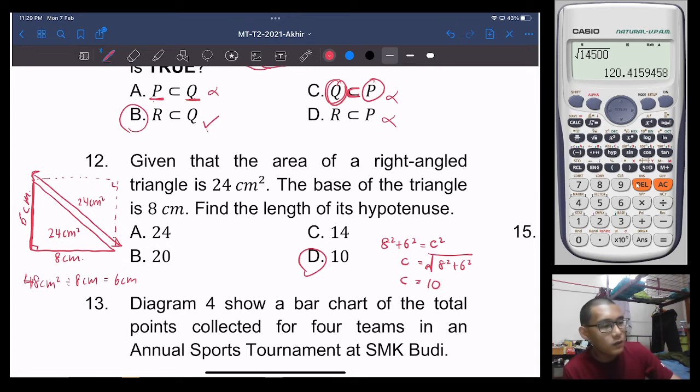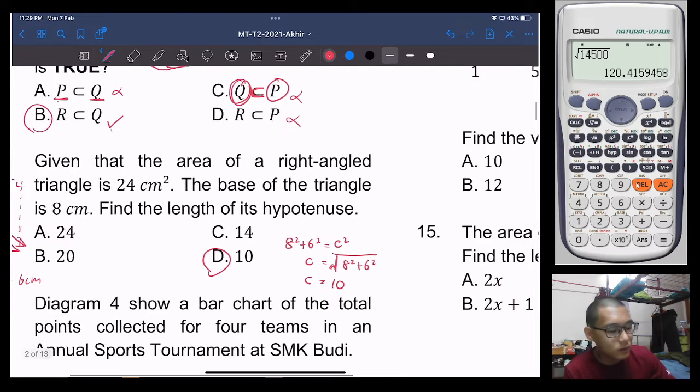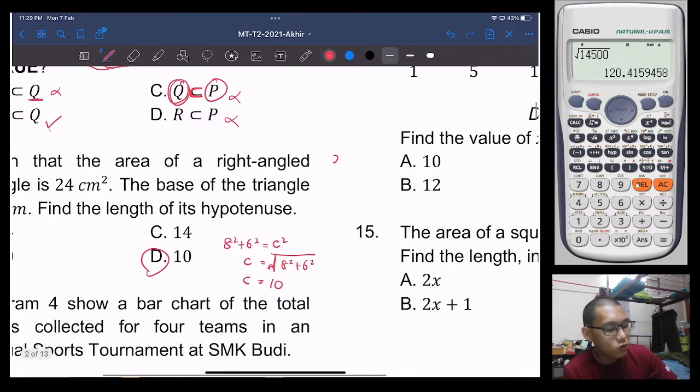You can also try to memorize Pythagorean triples; this ratio is similar to 6, 8, 10.